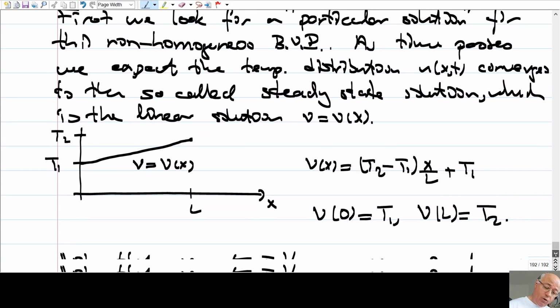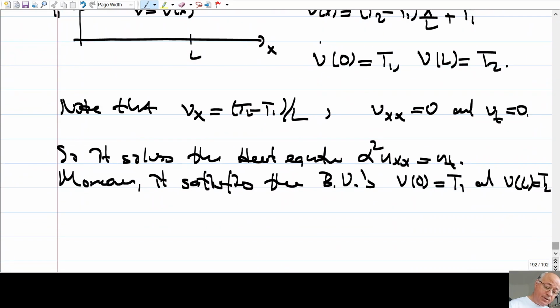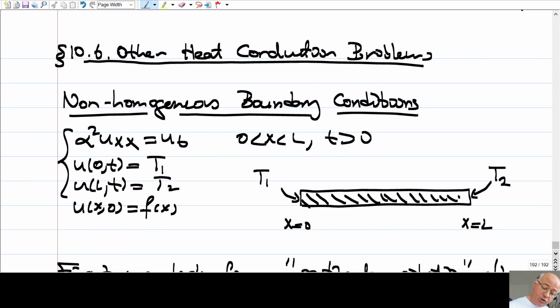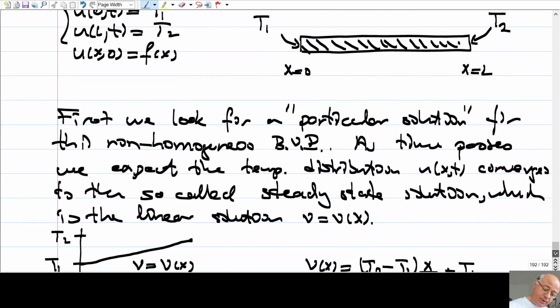So v is a solution of the first three equations, the differential equation and the boundary conditions. It certainly doesn't satisfy the initial temperature distribution, but that's not a problem.